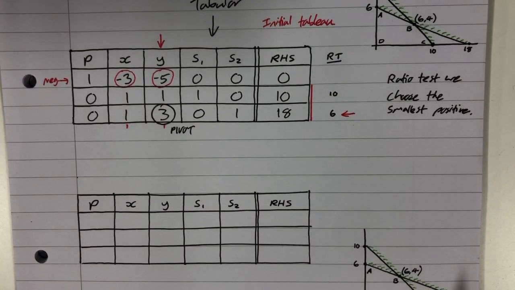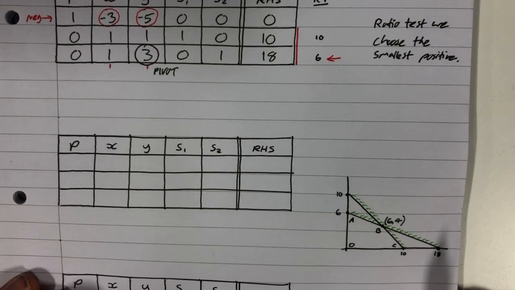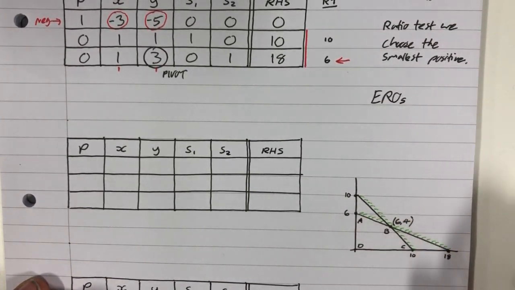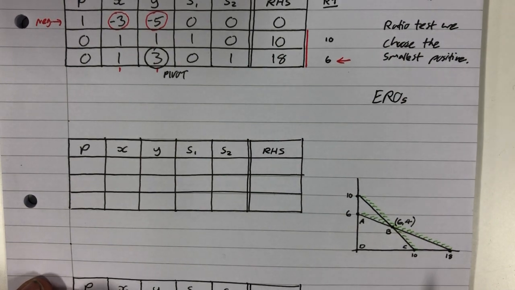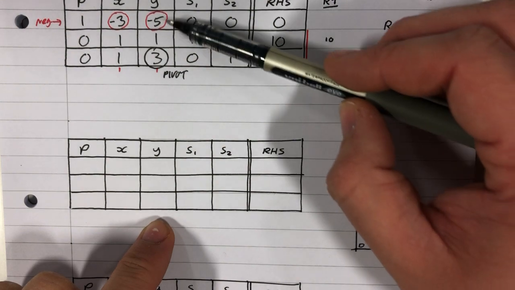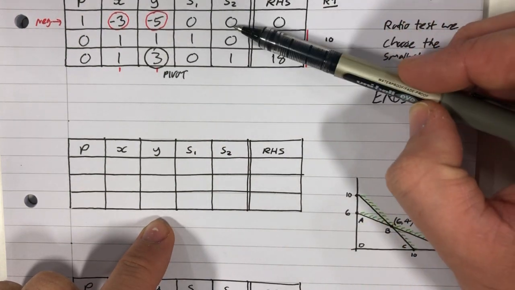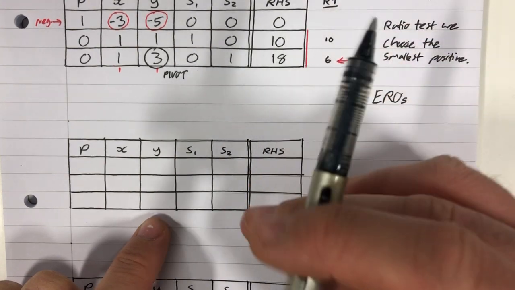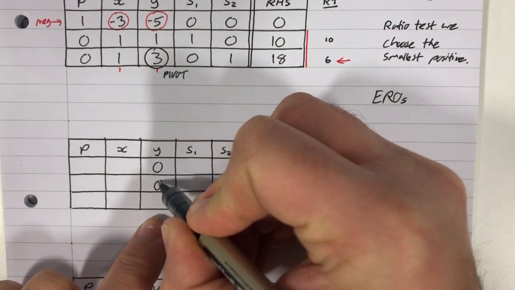So what we do now is we carry out a series of EROs, elementary row operations. And we carry out a number of EROs to make this column look like what this column currently looks like. So we want to make this a pivot column. So we want to make this 0, 0, 1.